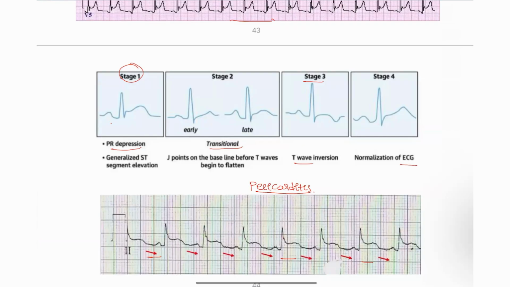So in stage 1 you are going to see the findings during the acute stage, PR depression and ST elevation, and in the fourth stage the normalization will be seen, and T wave inversion is seen in stage 3.